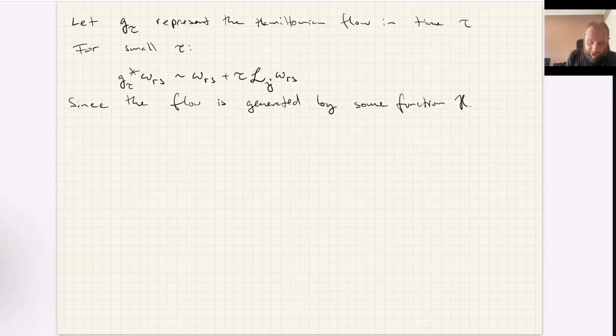We know from the equations of motion that omega_rs y dot^s, actually let me use the same indices as I used in the lecture notes, so I used SR instead, that must be equal to d_s of the Hamiltonian, right?